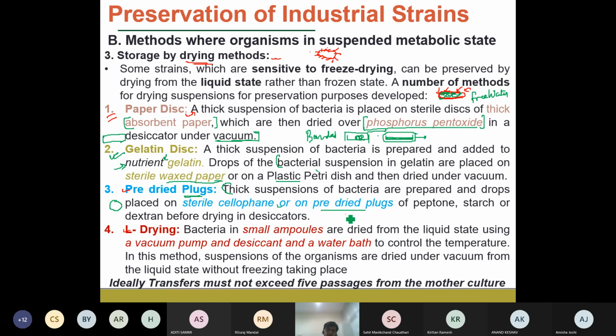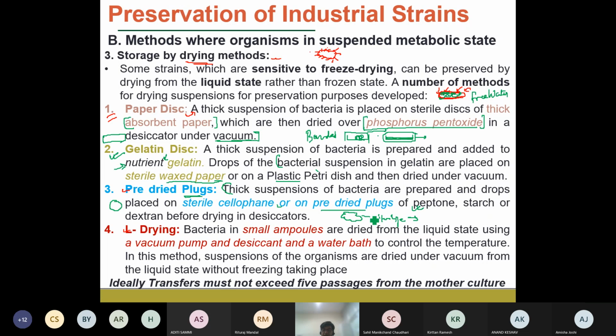So what we do is, suppose we have the cotton wool with us, we sterilize it. Okay, and then we add onto these plugs different media components which are required for viability. So we have the peptone, starch, or dextran. Okay, and then we dry them in the desiccators.